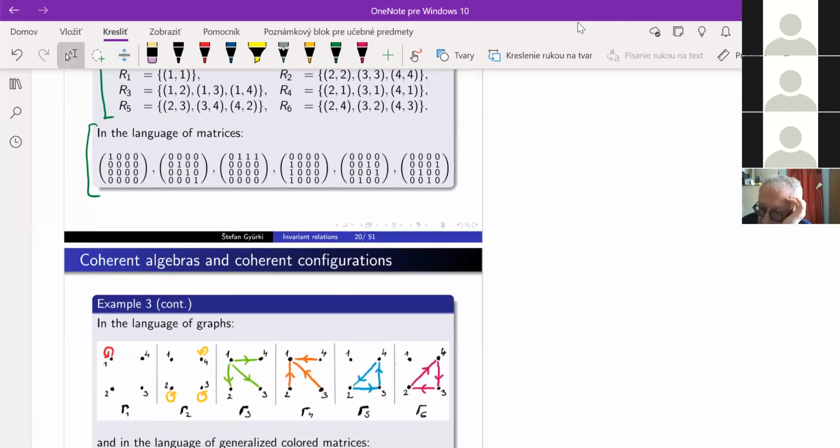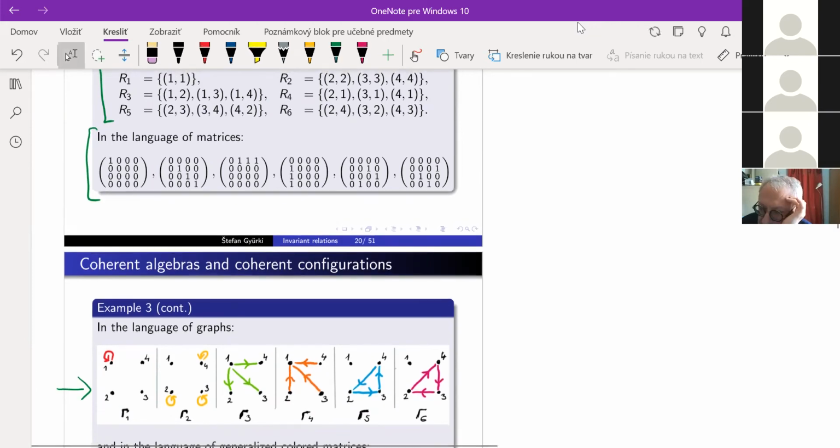And also I can say the full information using the language of graphs. So the graph Gamma 1 says that it contains the pair 1,1 and nothing else. The graph Gamma 2 says that it contains the pairs 2,2, 3,3, 4,4 and nothing else, and so on.